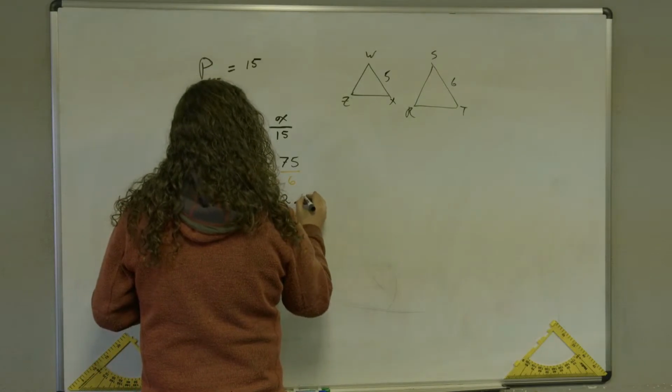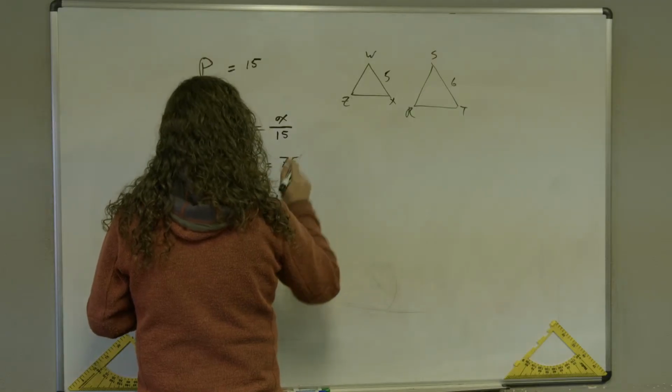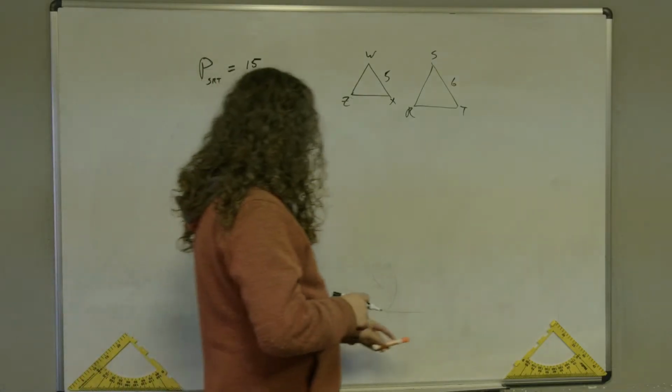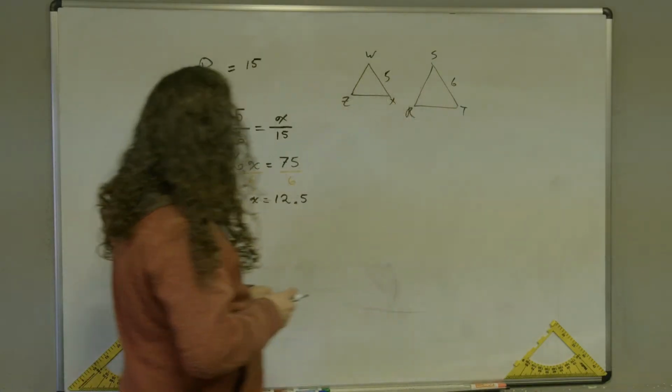If we were going to write units, it doesn't give us what units. Would they be units to the first, second, or third? To the first. It's a perimeter, so it's a distance. That's right. Good guess. True enough.